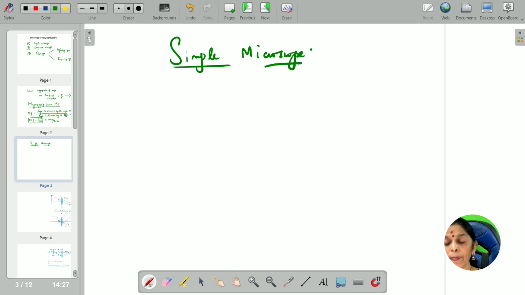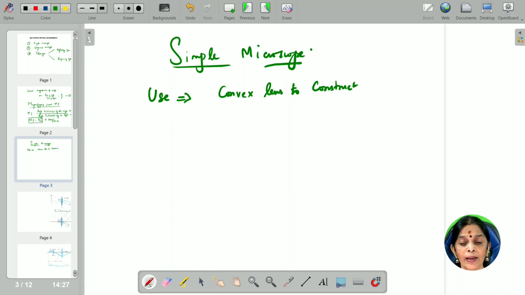This simple microscope consists of only one lens, that is a convex lens. So, I am going to use a convex lens to construct this simple microscope. Let us see how the principle works. The convex lens undergoes refraction.